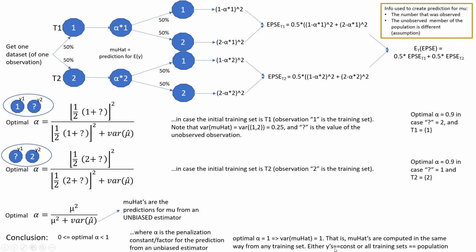The other possibility for the variance of mu hat to be 0 is if all the training sets are the population, so that we compute mu hat in exactly the same way from any training set. But the training set is never the population. If we have the population, we don't have to estimate, we can compute the mean. So both of these cases are irrelevant.